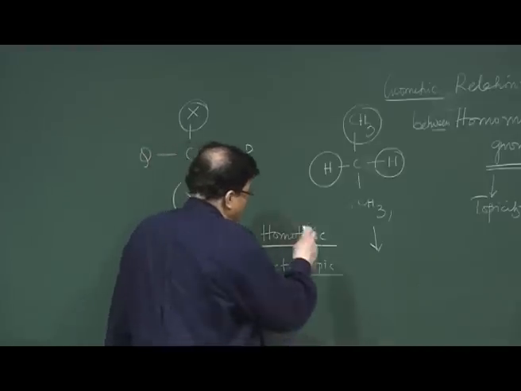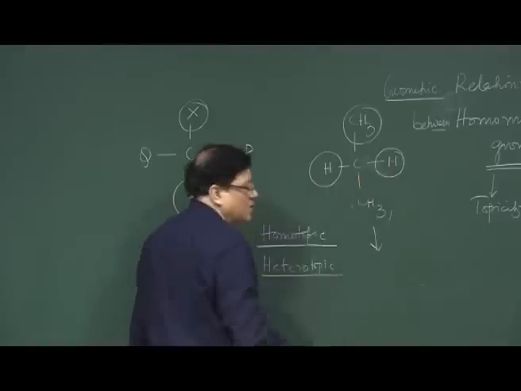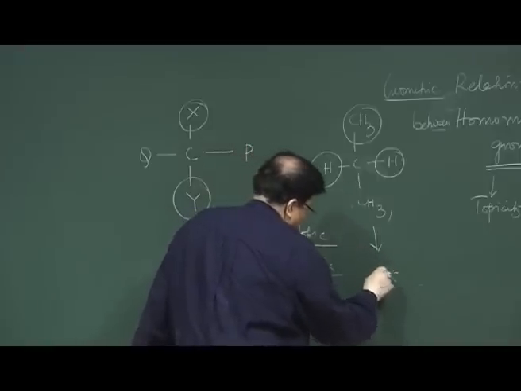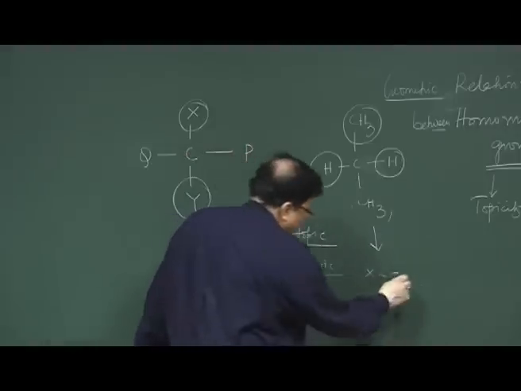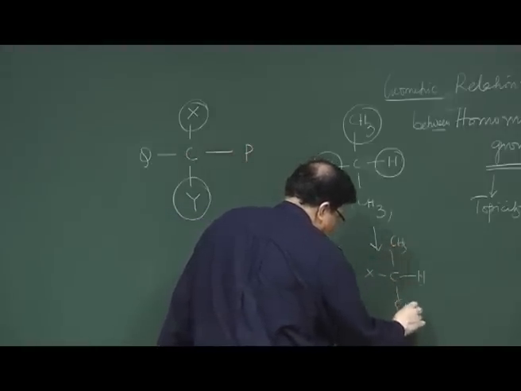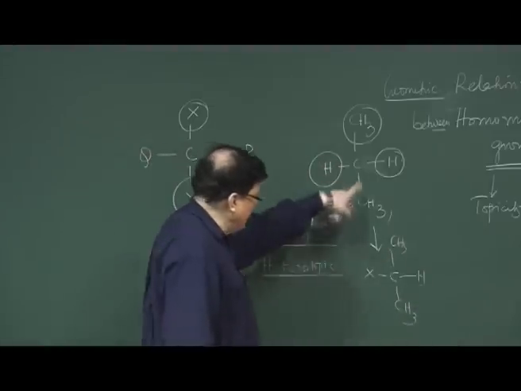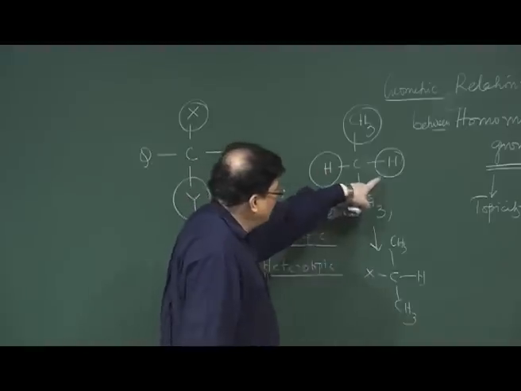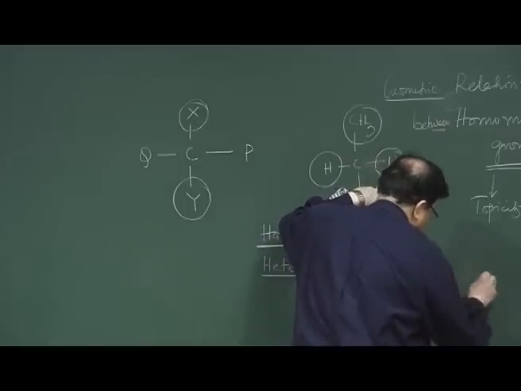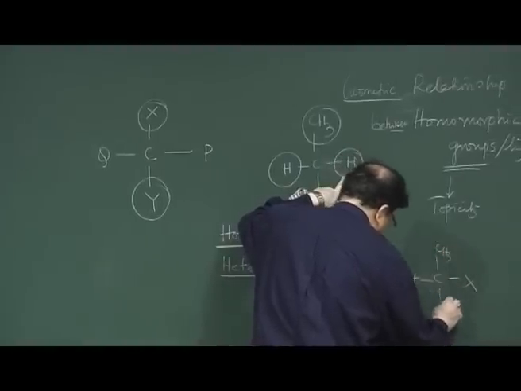So, what it says is that if you want to know the relationship between these 2 hydrogens, you replace one of the hydrogens with a group X and keep the other groups as they are. Okay. So, you get this compound. On the other hand, if you replace the other hydrogen with X, you get this compound.